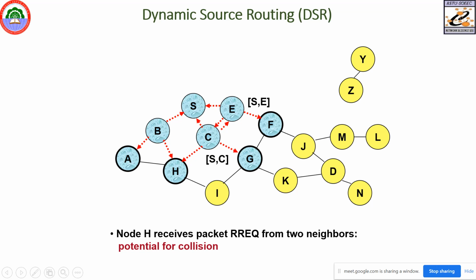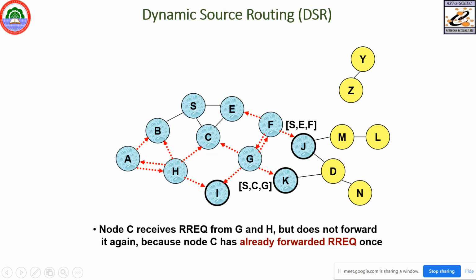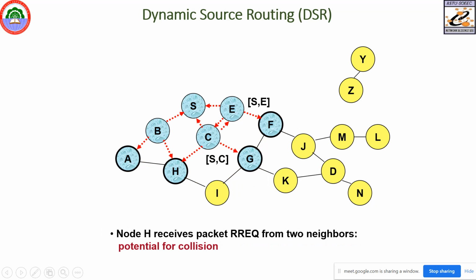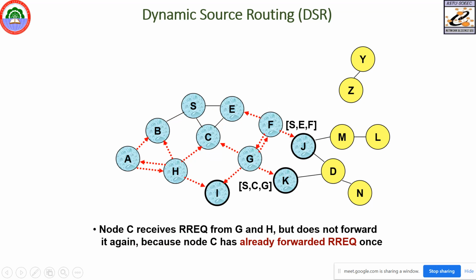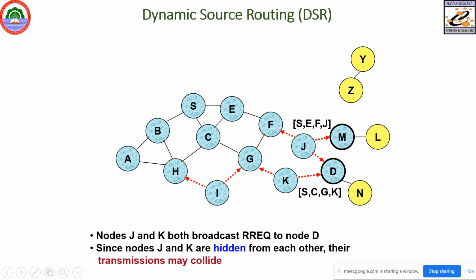S is only initiating the transmission for establishing the route, but from its neighbors S receives the same request again for rebroadcasting. Next, from B it is broadcast to A and H, and from C it is broadcast to H, G, E and S again. In the next phase G will broadcast to its neighbors, likewise F is also broadcasting, and then J is broadcasting. At last the request reaches the destination.